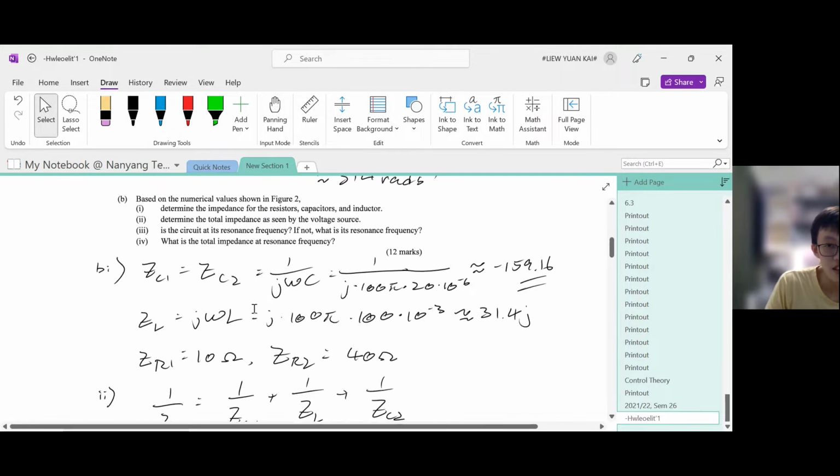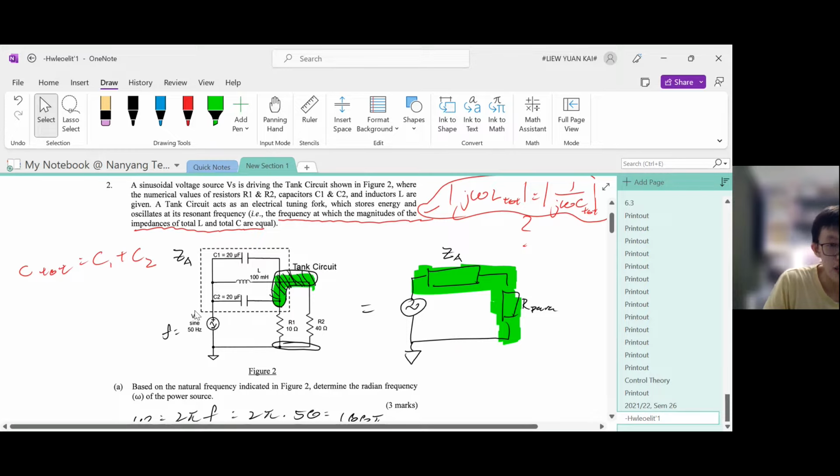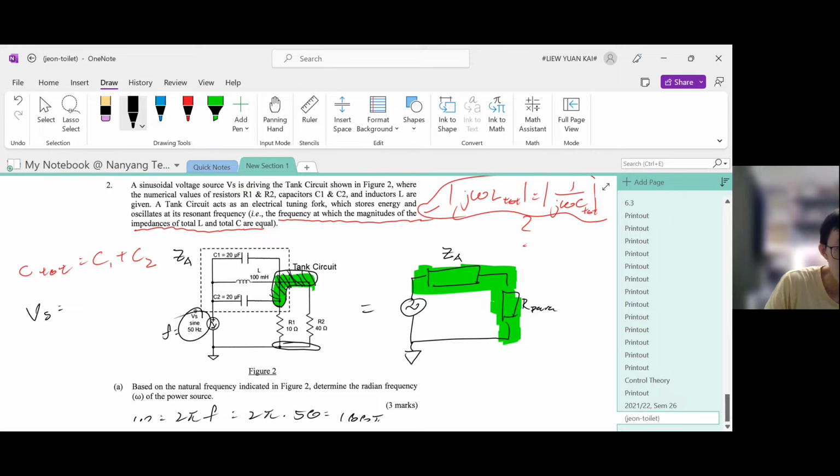So let us go back. It says there that Vs is given by this, right? Vs is a sine function. And then they tell us it's a unitary phasor, sine, 100 pi, like that. They don't tell us any phase. So let us convert this to a phasor.